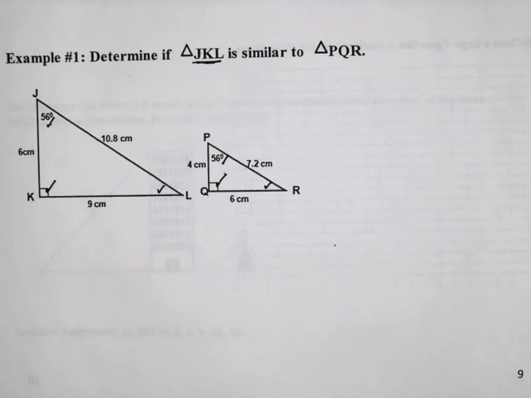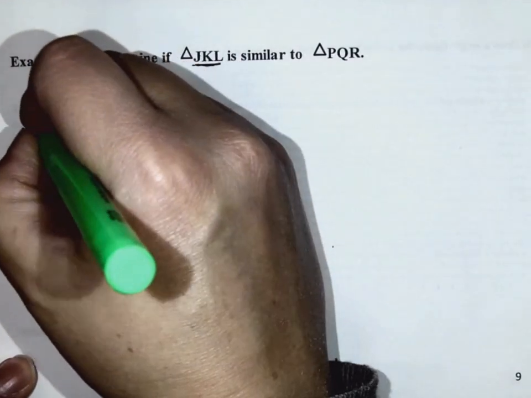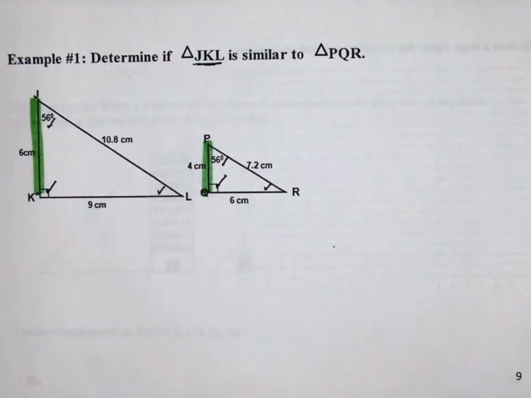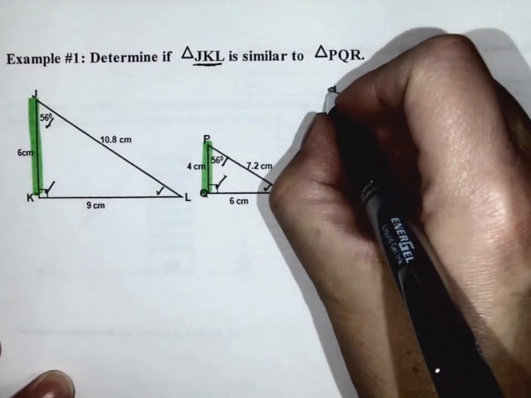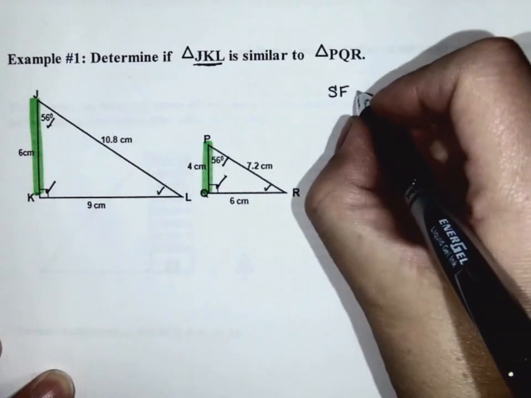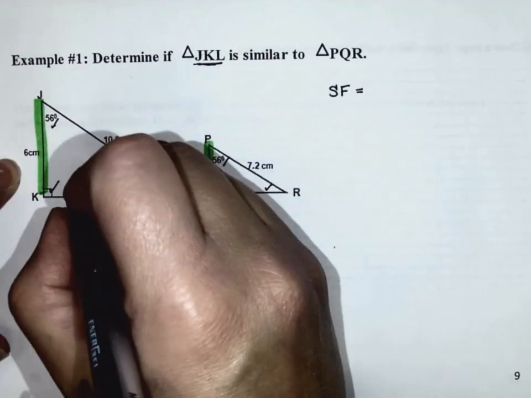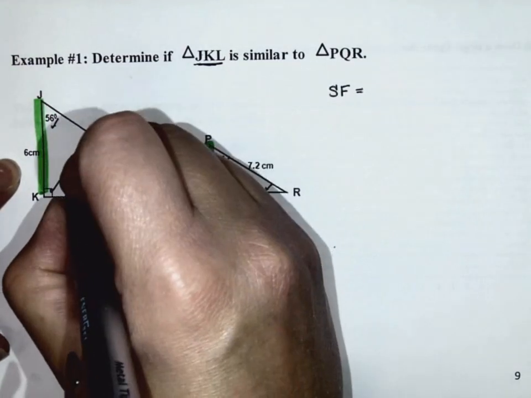So what I'm going to do is find my scale factor, and I'm just going to do it on one side. So I'm going to do the one with whole numbers. I'm going to do those two. Those are similar sides, right? JK and PQ are similar sides. So I'm going to find the scale factor for these two sides.